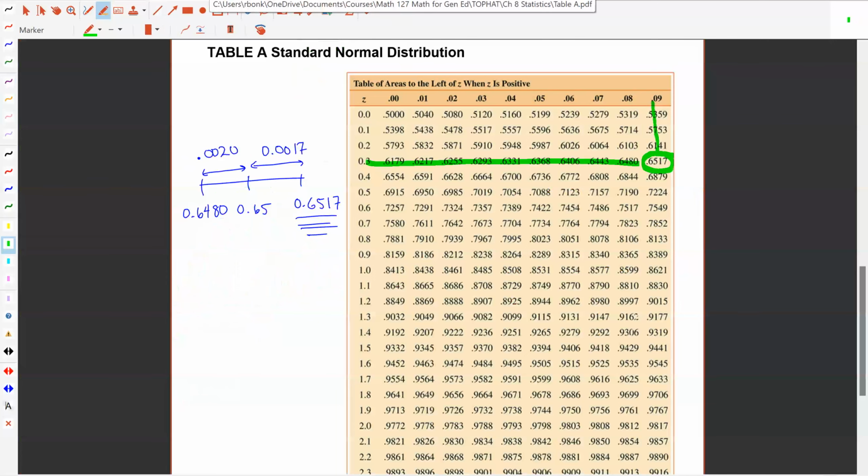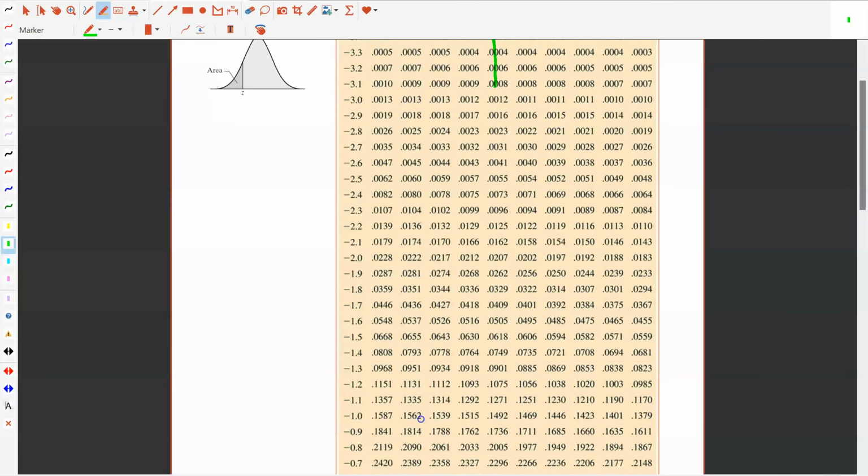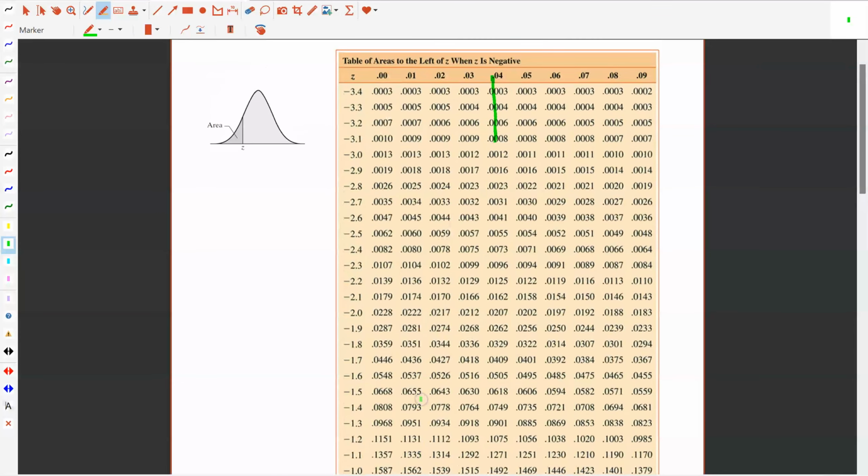So we're going to go to those negative z-scores, and I'm going to be looking for 0.03. Here's 0.0301. That's really close as an area. So that z-score corresponds to negative 1.88.